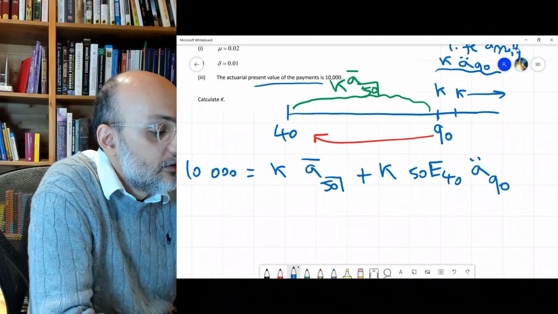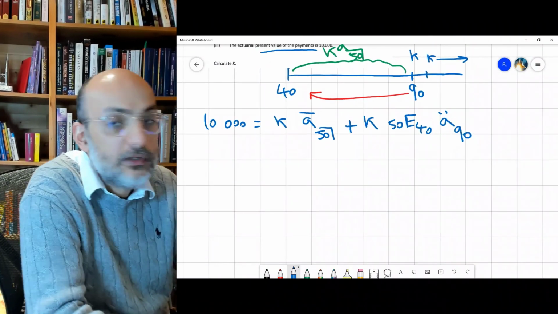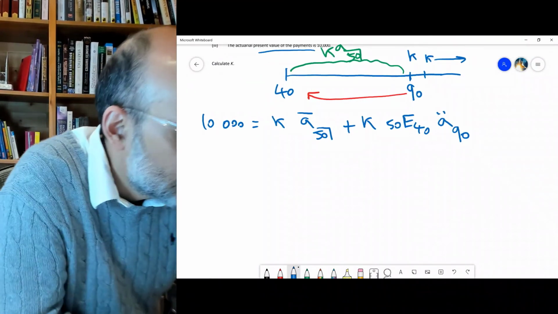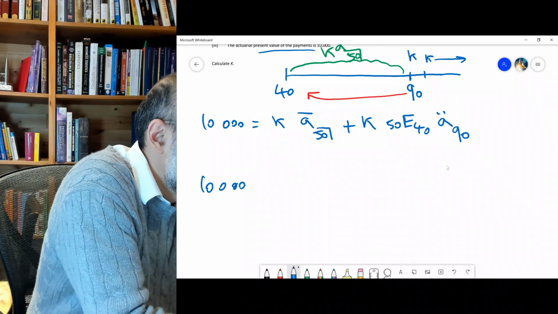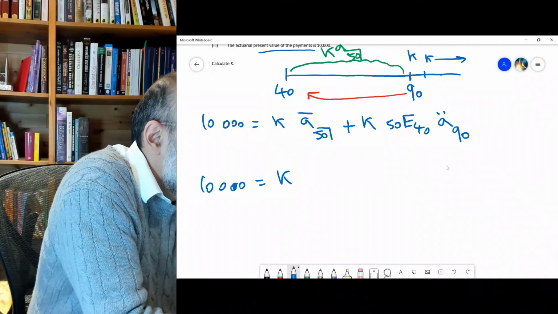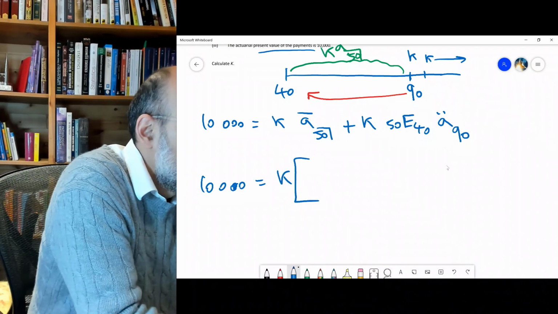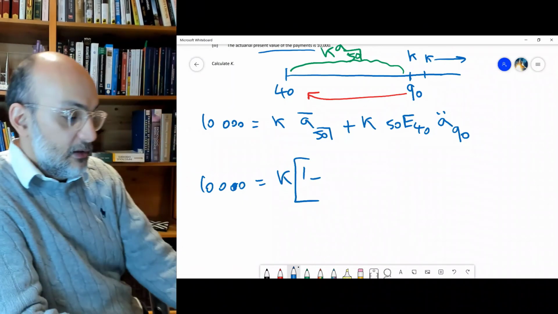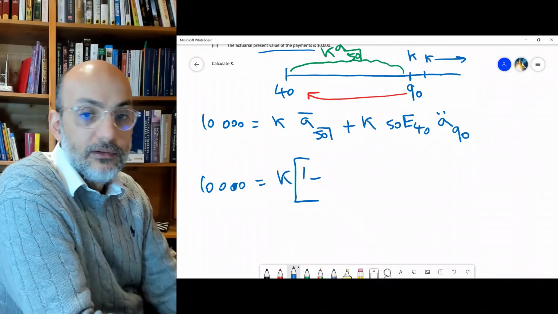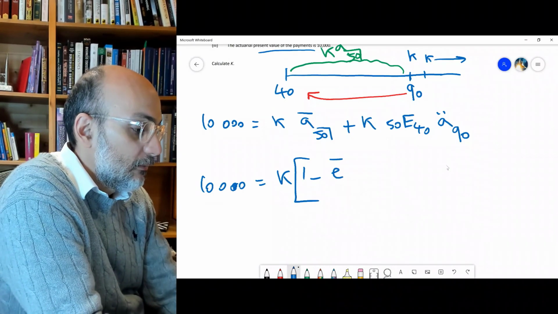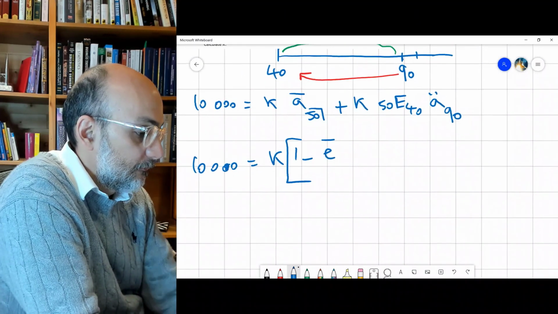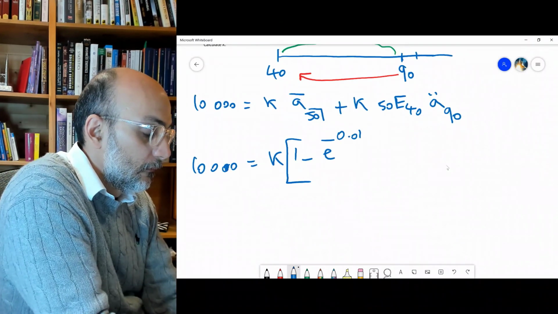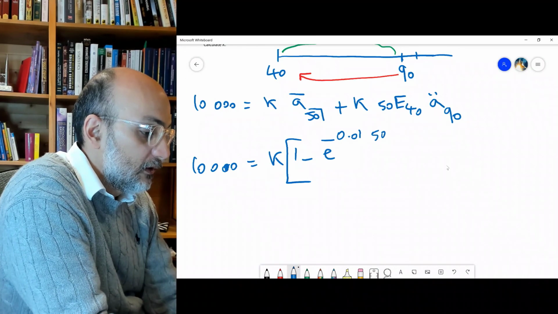Once you reach this formulation, then it's easy. All you need to do is plug in your numbers. So let's calculate 10,000. Okay, let's factor out the K. The annuity certain is 1 minus e to the minus delta, which is 1%, multiplied by 50 years.